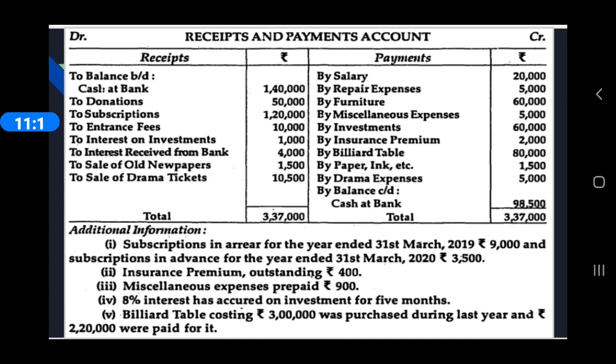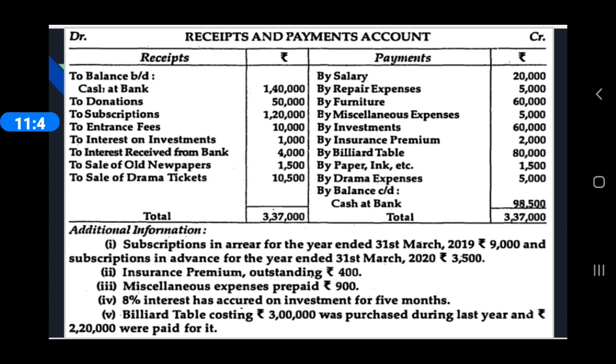It is an asset. So you have to calculate 8% interest on investment for 5 months. That is outstanding income, so it is to be added with the existing interest on investment, and also to be taken to the outstanding interest, that is income, on the asset side of the current year.